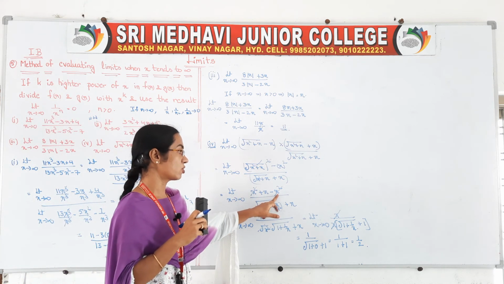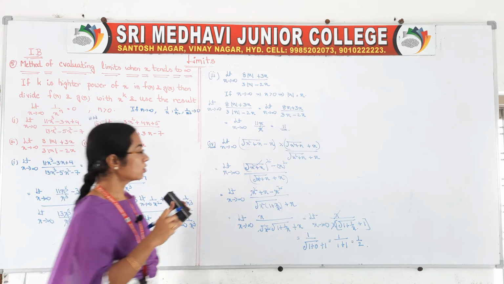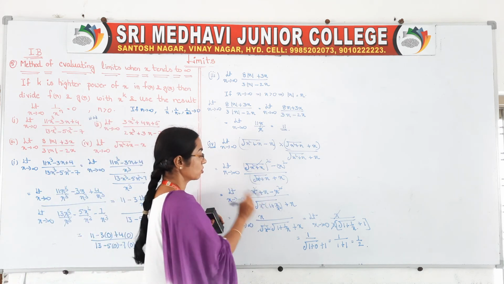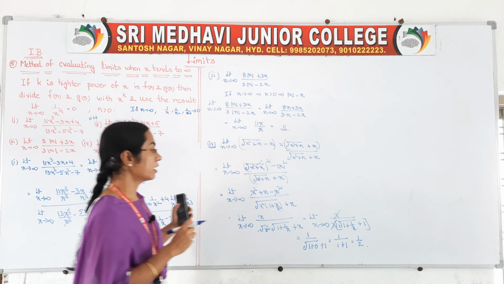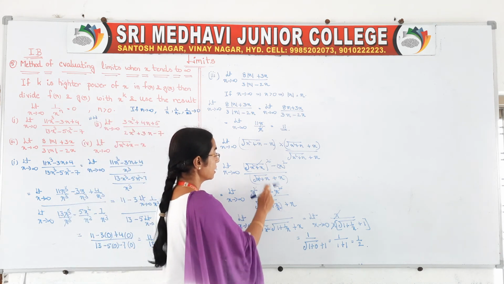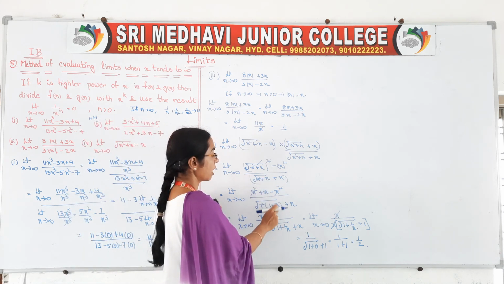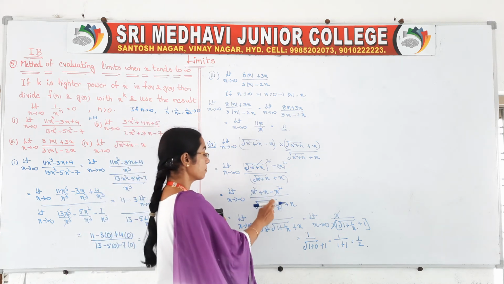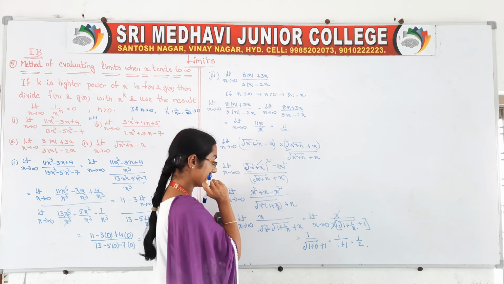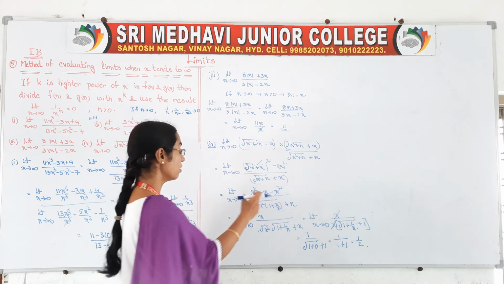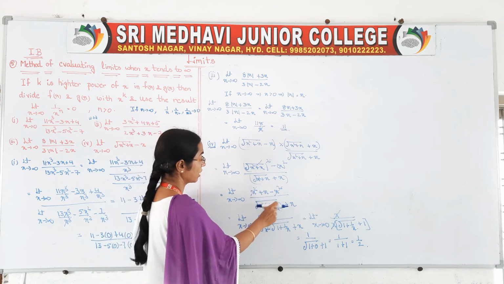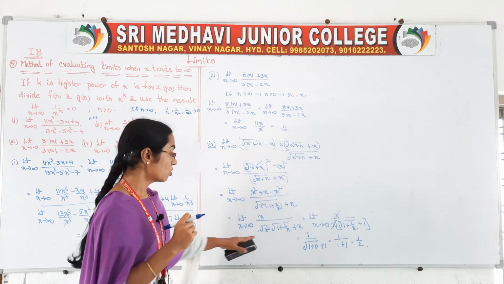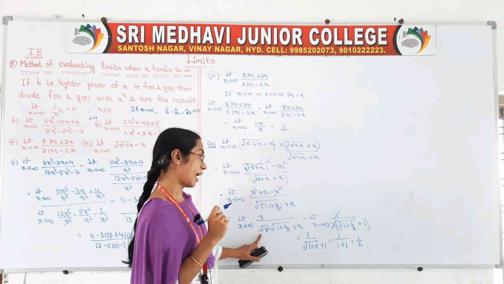So x square cancels. Next, root of, from this you take x square outside, then you will have 1 plus, if we take x square outside, we have to divide x by x square. So 1 plus x by x square is 1 by x. Okay, so now we have taken the square root separately for this one and this term. So here the square root cancels.